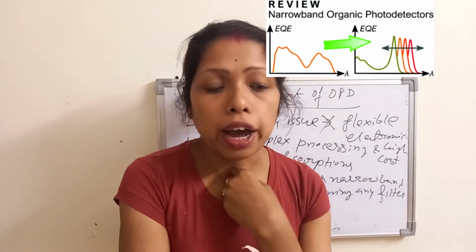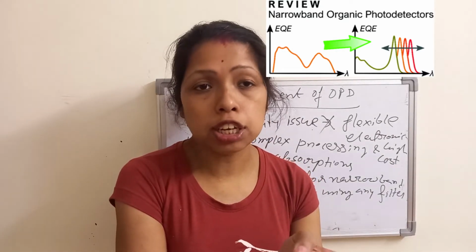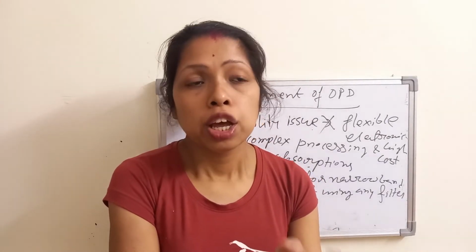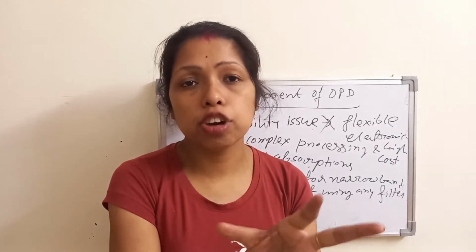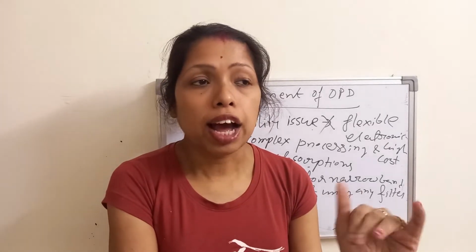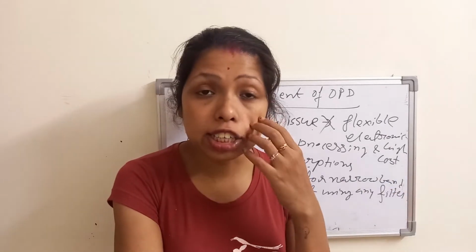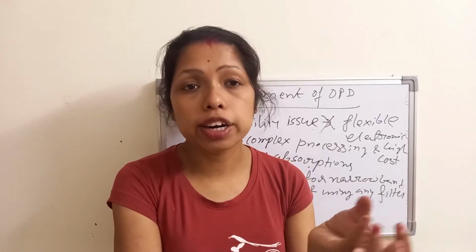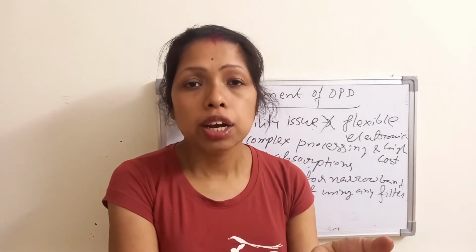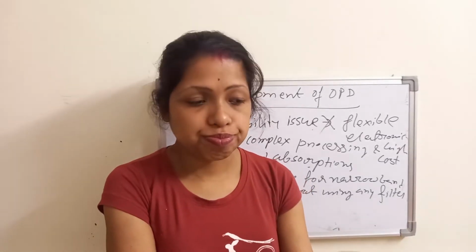But lots of research papers have been published based on the inorganic photodetector. In those papers we have seen that inorganic photodetectors can show high stability, high external detection capability, high efficiency and long lifetime, due to the small exciton binding energy and high mobility.